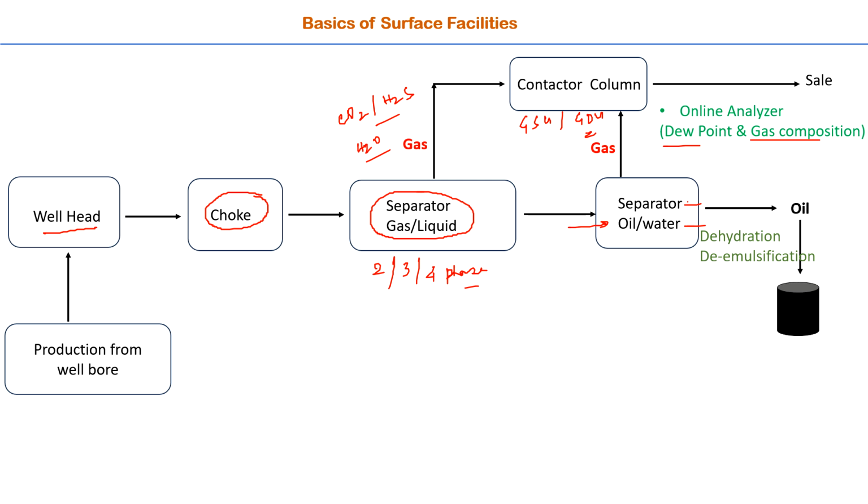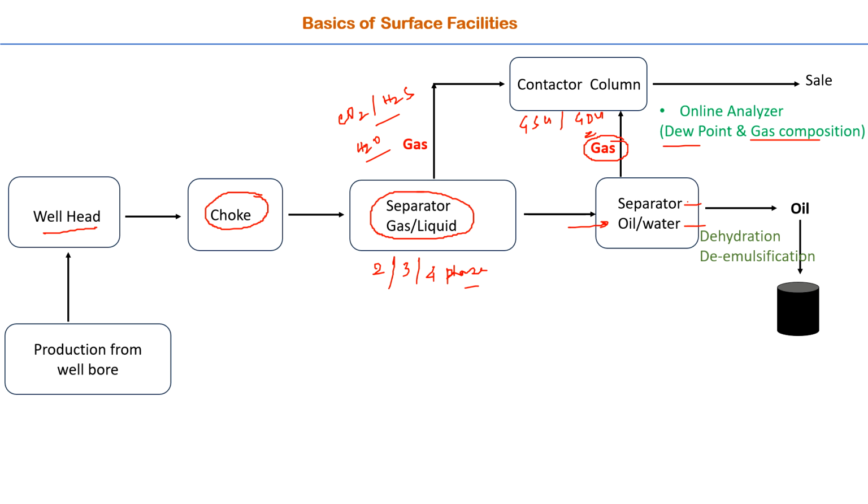Now in the second stage of separation, some gas also carries over with the liquid portion, so that gas will also come out in this stage. This is the carried-over gas, which comes out in the next stage of separation.